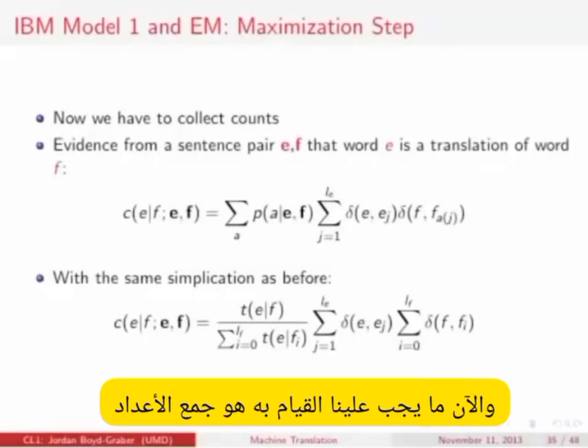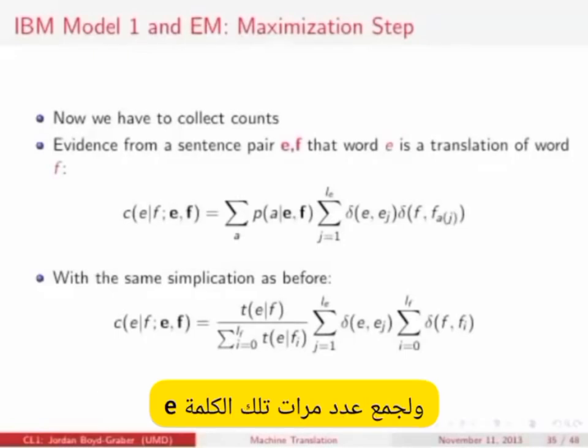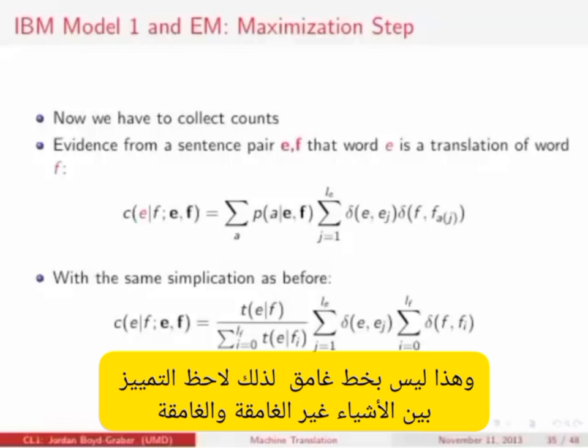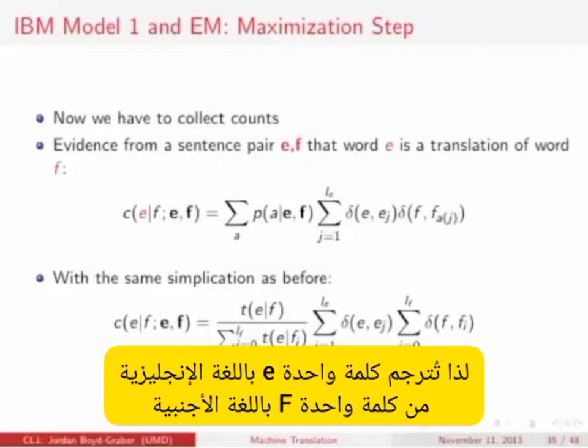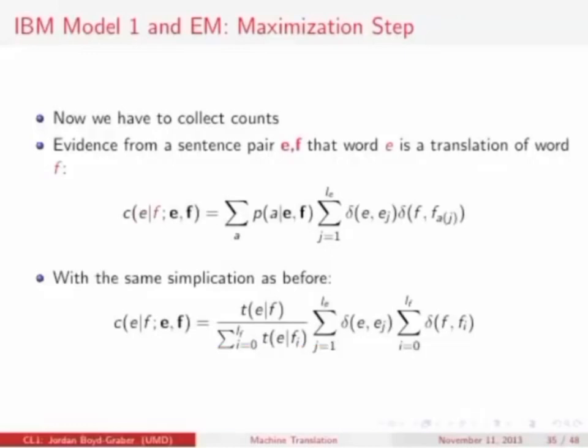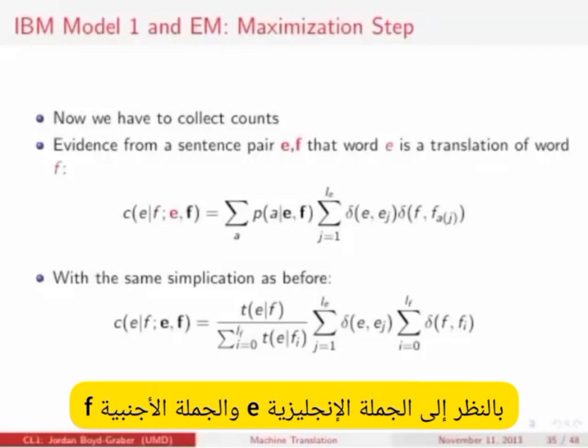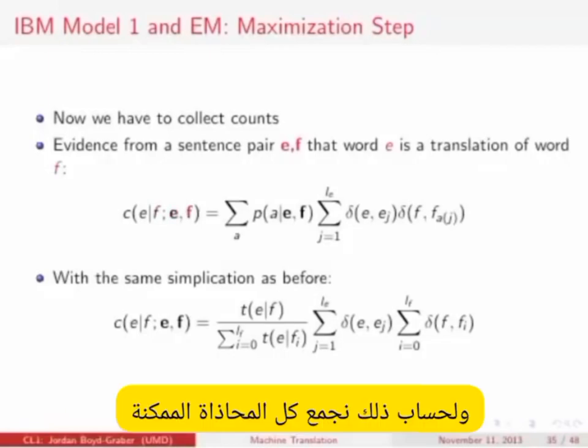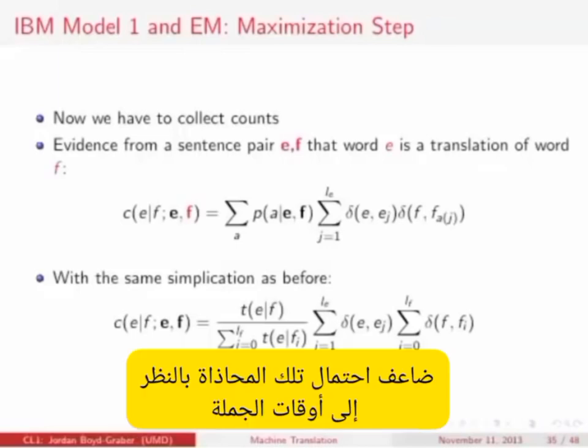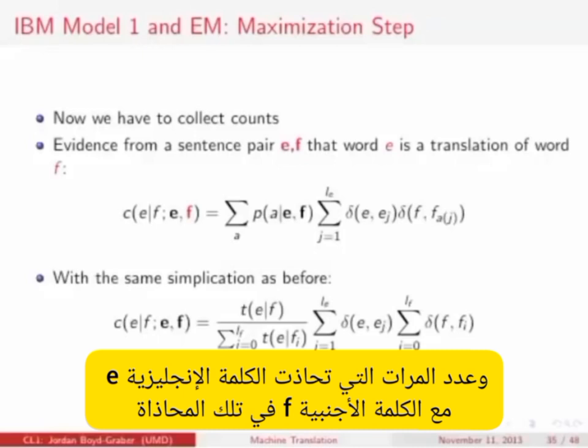And so now what we have to do is collect the counts. To collect the number of times that word e, which isn't in bold (notice the distinction between the non-bold and the bold), so a single word e in English being translated from a single word f in the foreign language, given the English sentence E and the foreign sentence F, we sum over all of the possible alignments, multiplying the probability of that alignment given that sentence by the number of times the English word e was aligned with the foreign word f in that alignment.